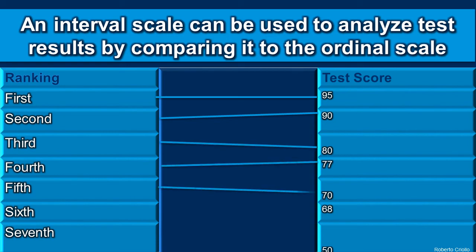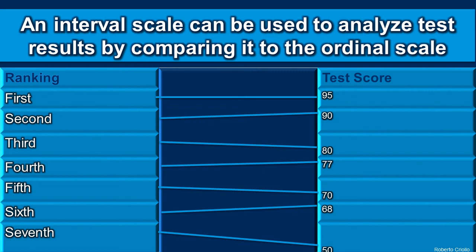It's an ordinal scale. Now on the other side we have the test scores, which are represented by the number of correct answers. So in this case we have an interval scale, and we can see how the ordinal scale does not really care about the true values of the test score, which is represented by an interval scale.